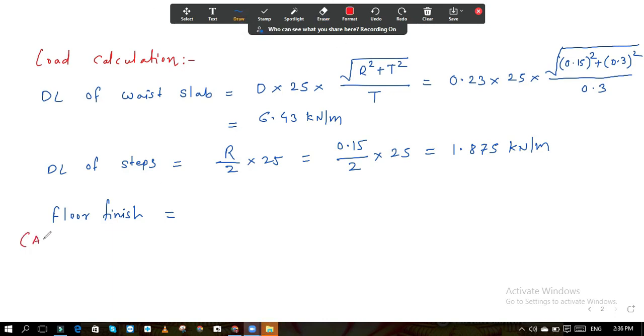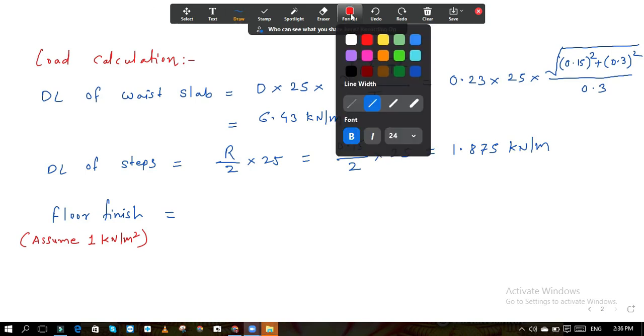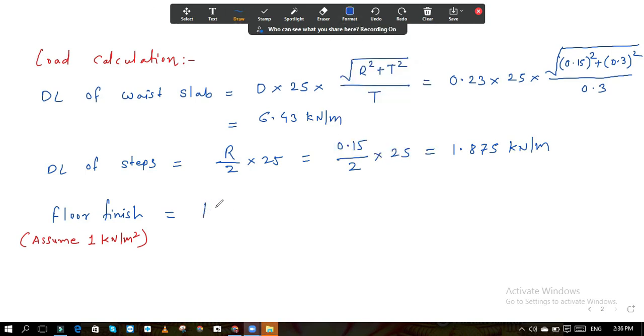So it will be 1 into 1, which is 1 kilonewton per meter, because per meter length we are calculating everything. 1 meter width of stair is considered. Okay, 1 into 1. So now the floor finish part is over.